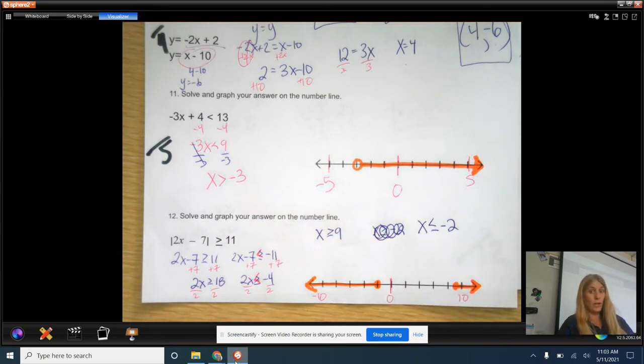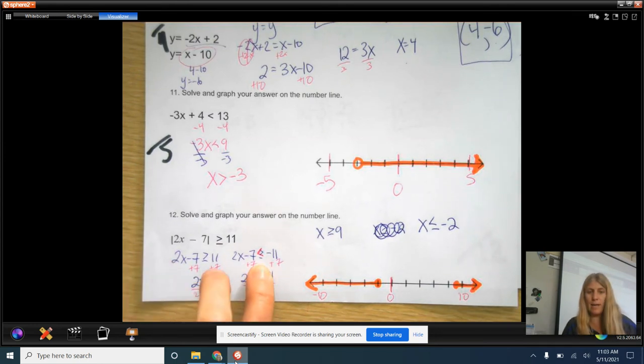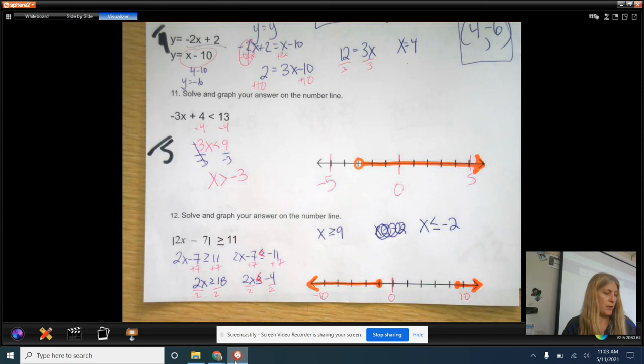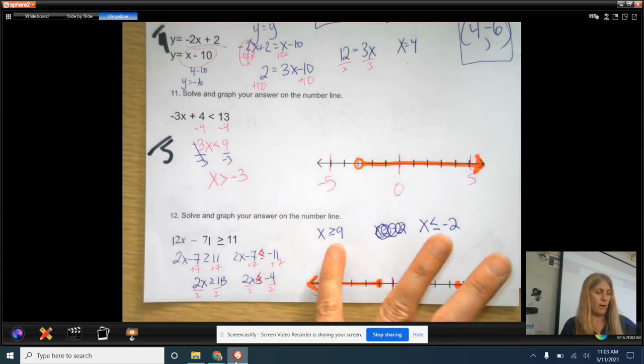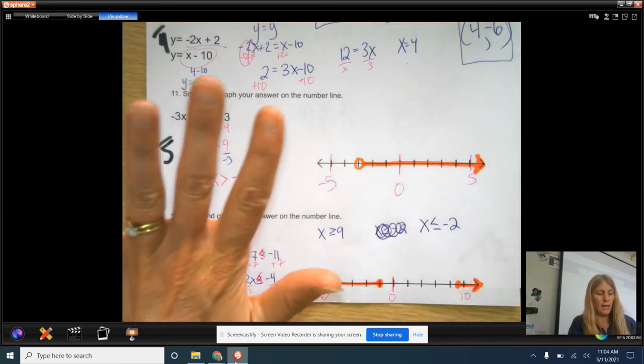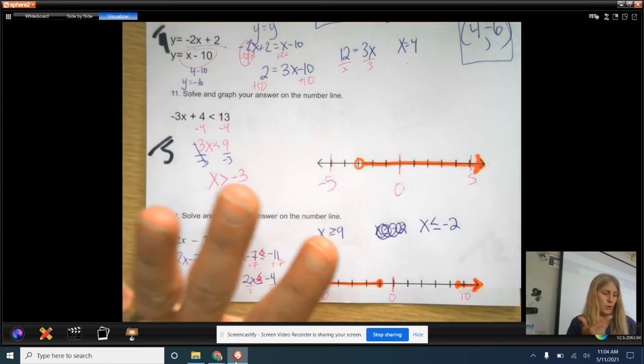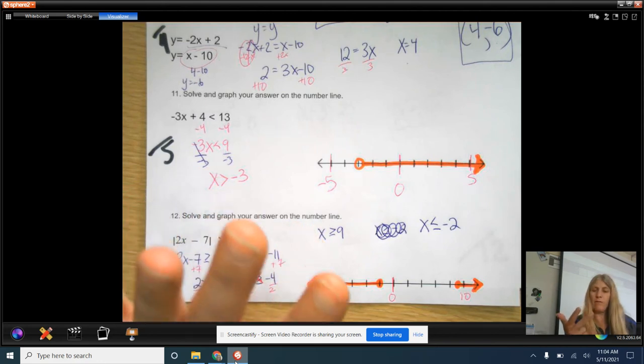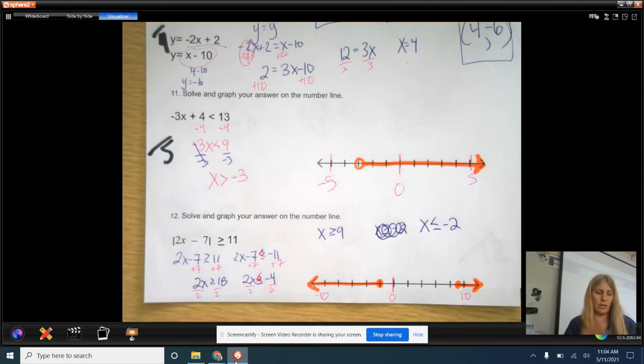Okay, so 1 point for splitting it up, a second point for flipping the sign on the other one, a third point for the work, a fourth point for your 9, a fifth point for your negative 2, a sixth point for each closed circle, and a seventh, and then 1 for each direction. So this one is out of 9 points.